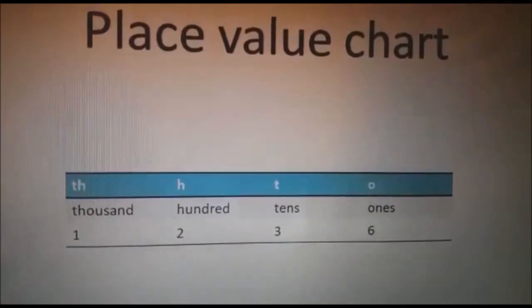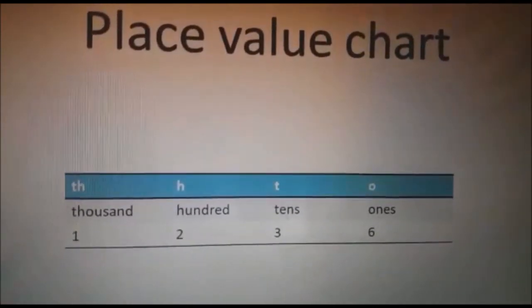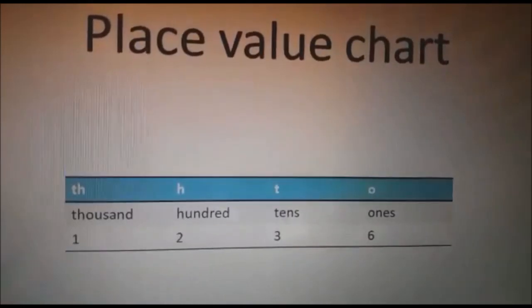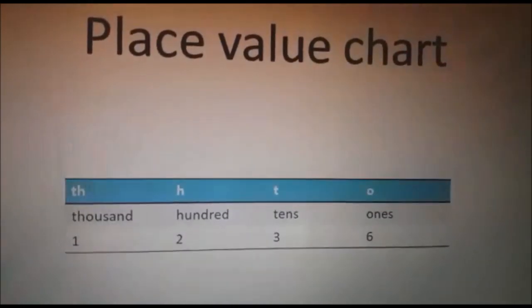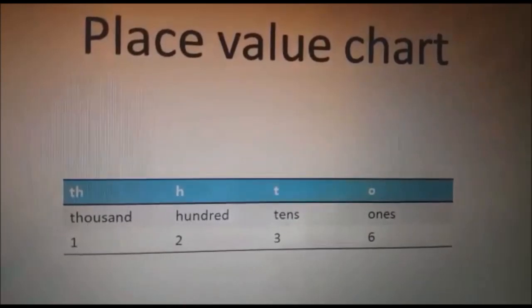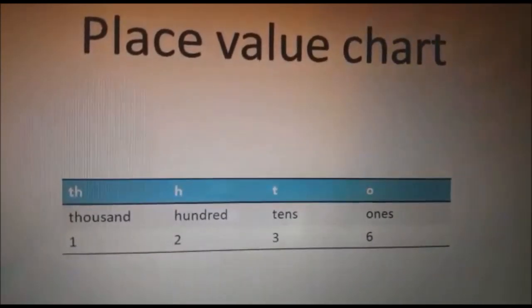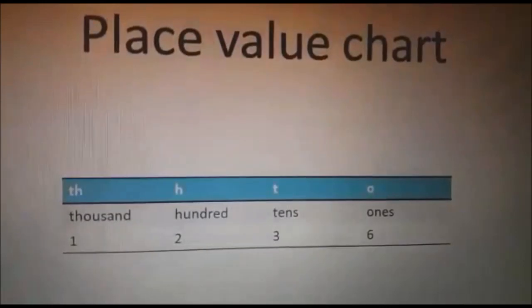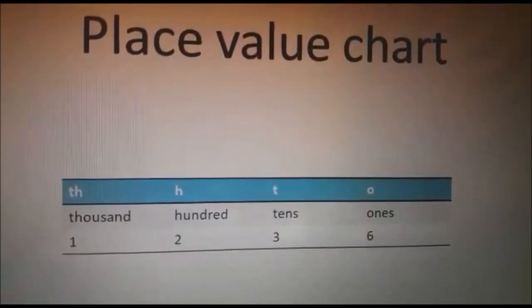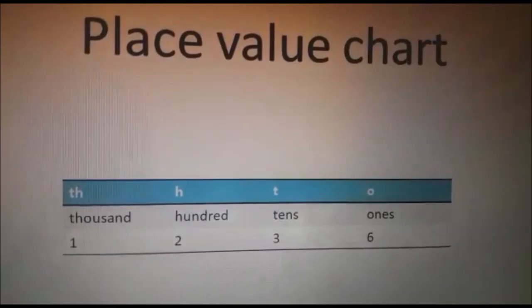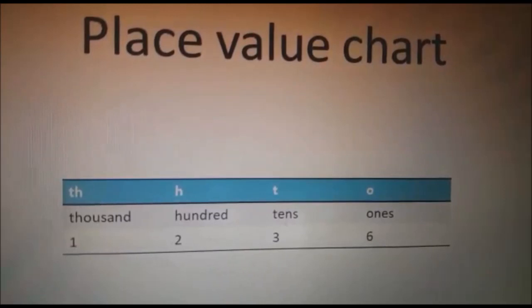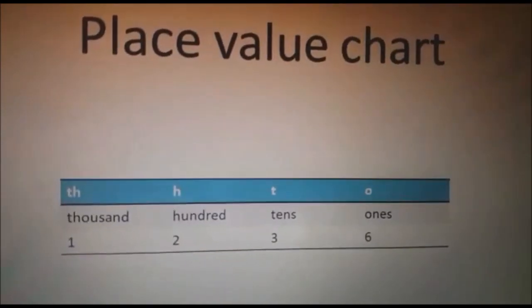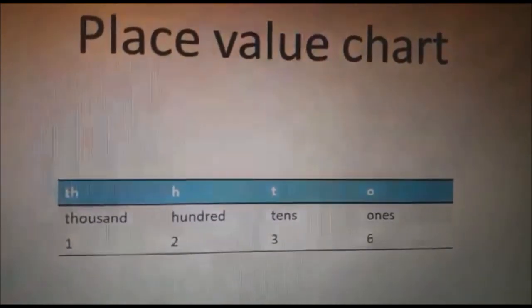The third is hundreds, a 3-digit number, and we write 2 in the hundreds column. The last column is thousands, a 4-digit number. We write 1 in the thousands column. Okay children, now I think you understand the place value chart.